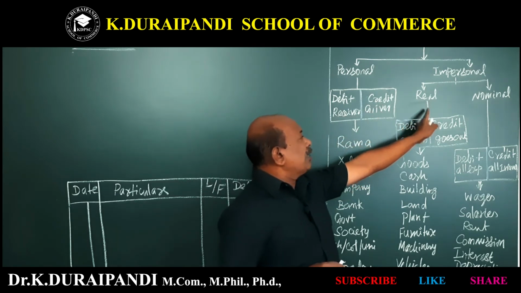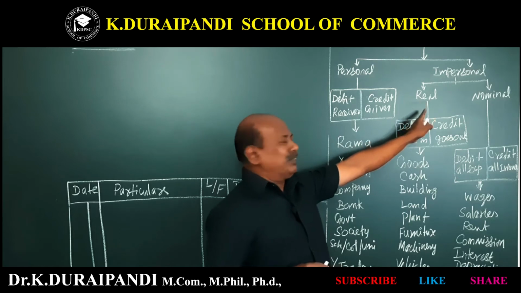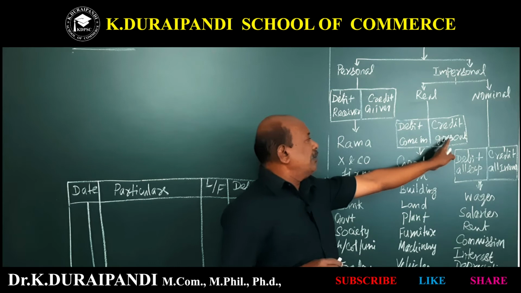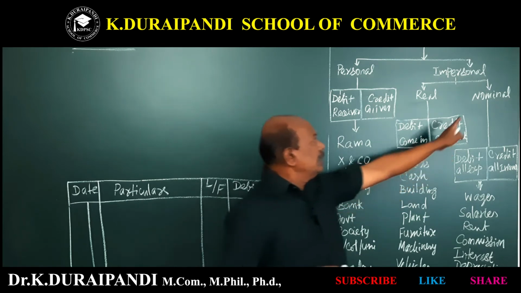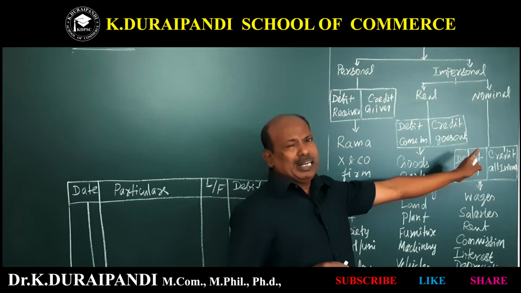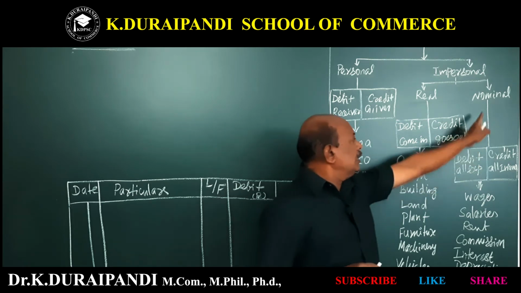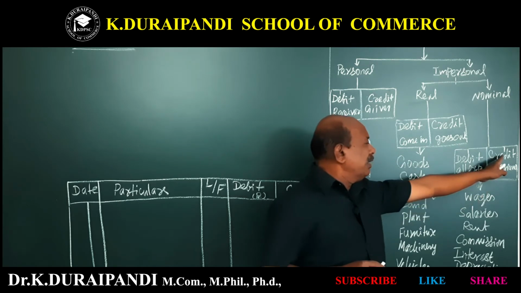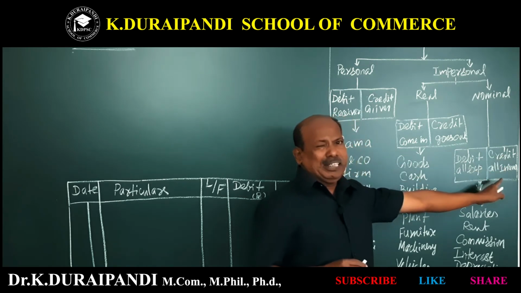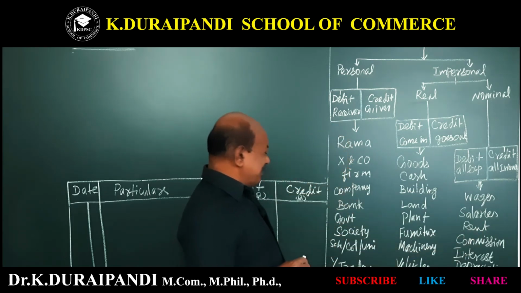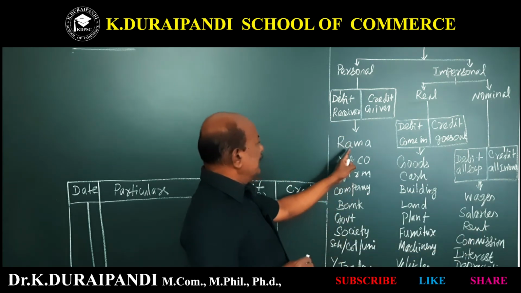A real account is related to assets: debit what comes in, credit what goes out. Nominal accounts are related to incomes and expenses: debit all expenses and losses, credit all incomes and gains.